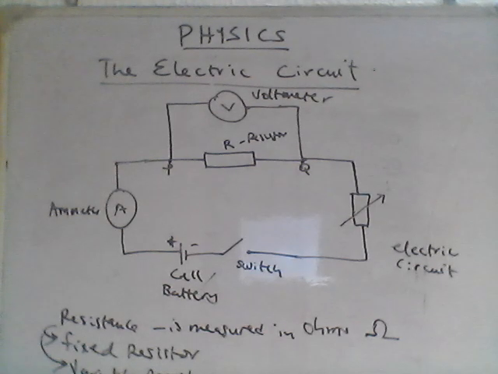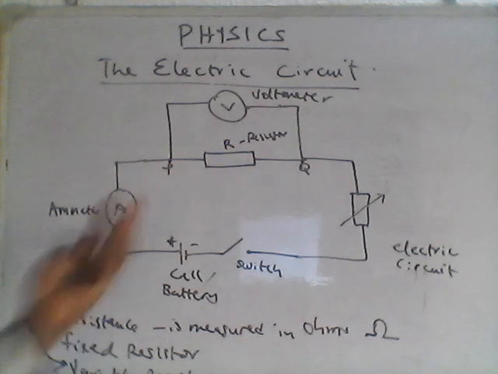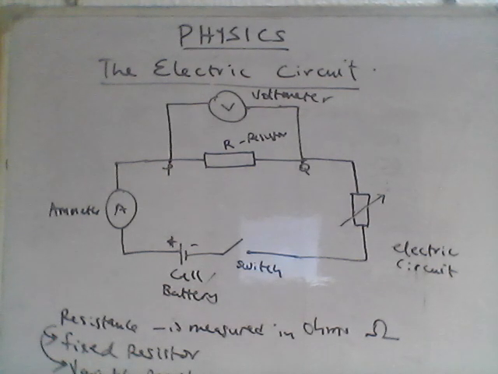So I'll go into the different components in electrical circuits, how each is measured, how it is denoted when you see it in a circuit diagram, and how to identify every component of the electric circuit.